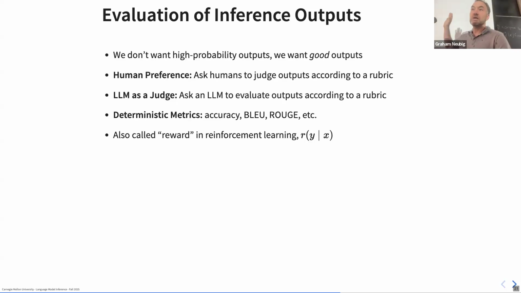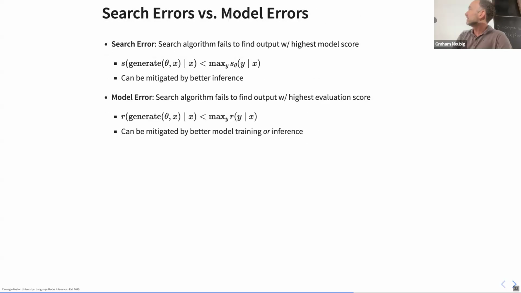The answer is yes, but actually that only applies to model errors, because how you're defining good only shows up in model errors. If you look at the equations for search errors, it doesn't show anywhere. So the search errors are only defined by the model scores themselves.